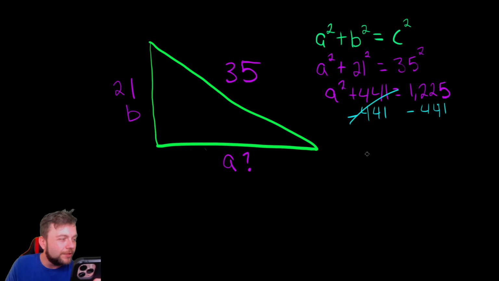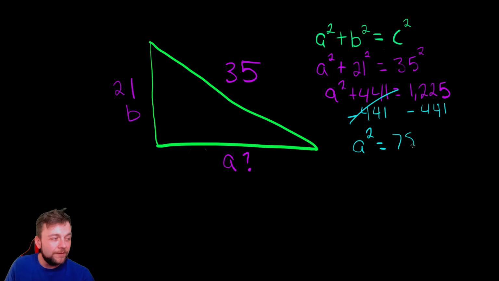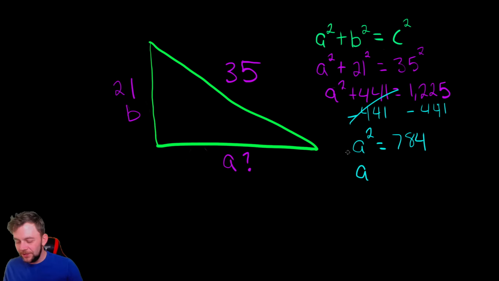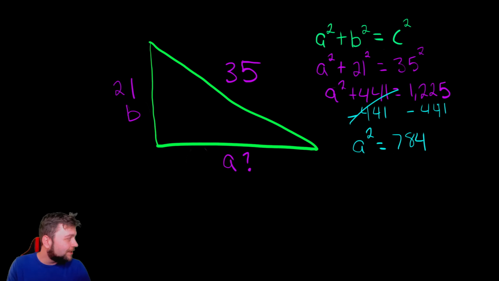And what do we get? We get A squared equals, so minus 441, 784. And then you take the square root of that. So how do you get rid of your exponent? Sorry, I'm not explaining it thoroughly.